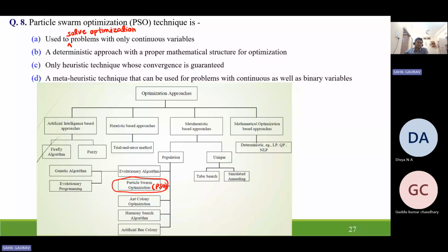In the first option, they are telling about the limitation or demerits of particle swarm optimization. But it lies in the population-based meta-heuristic approach, which has so many advantages and can be widely adopted in tough optimization functions. Therefore, option A is not correct.